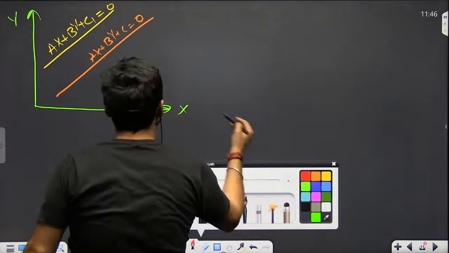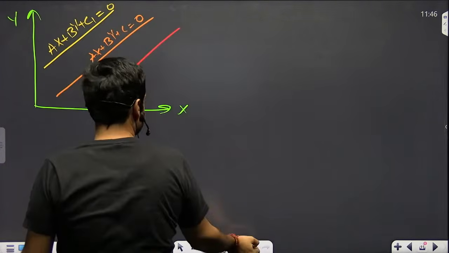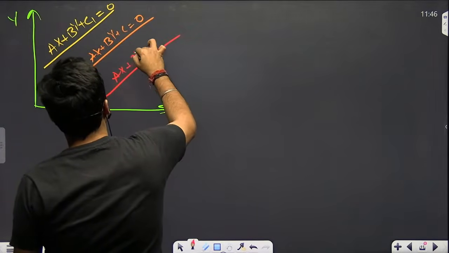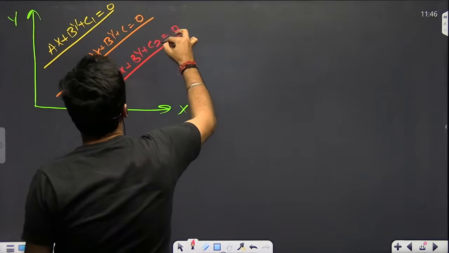And we have the negative support vector plane, again parallel to the main hyperplane: ax plus by plus c2 equals 0.